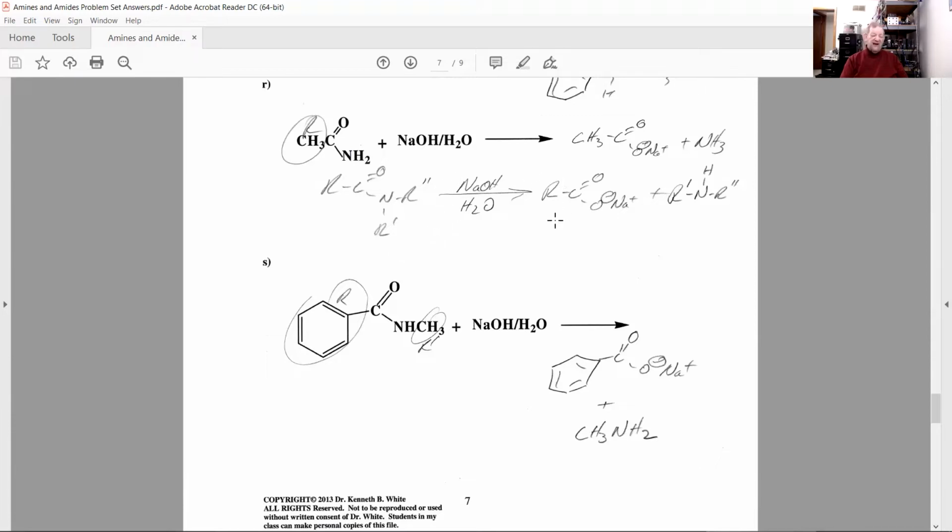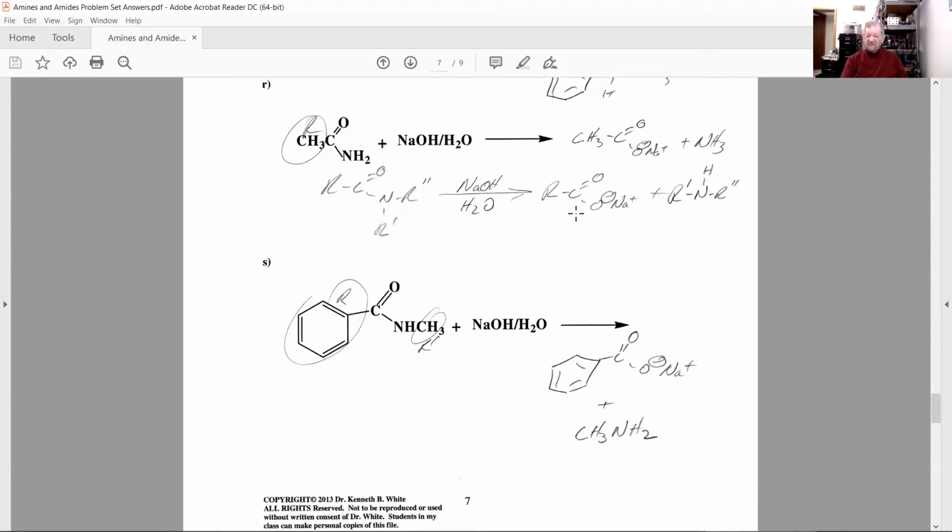You get back not the carboxylic acid, but the carboxylate anion of the carboxylic acid you would have used to make that amide, plus the amine you would have used to make that amide.